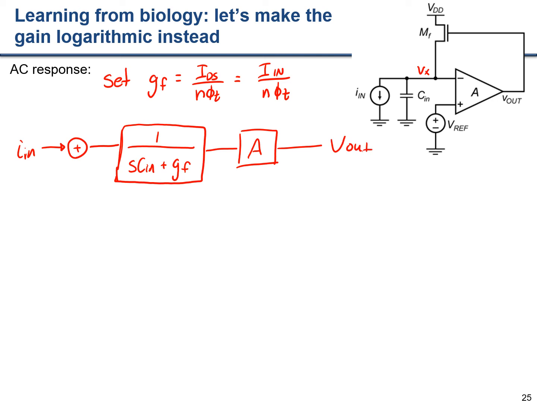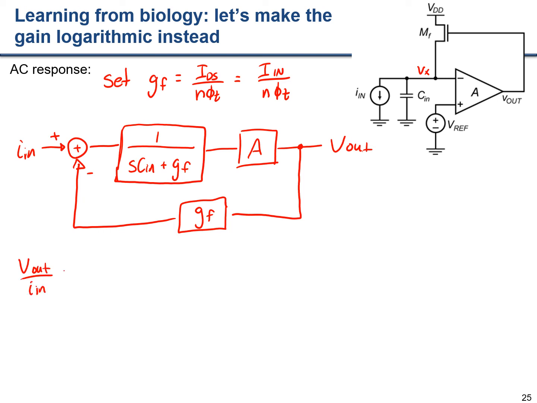So this goes to Vout, and then to feed back, well, the response between a gate voltage and the response feeding back into a current is also just the transconductance. So it looks something like this. Okay, so that's our feedback loop. So again, what we can do is we can take our transfer function Vout over I in.